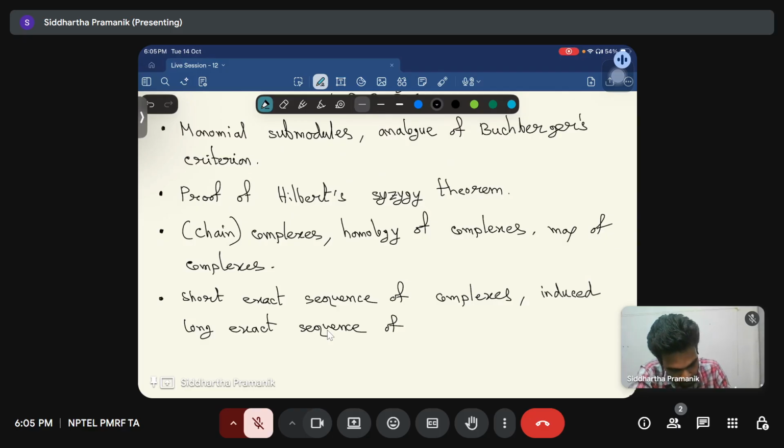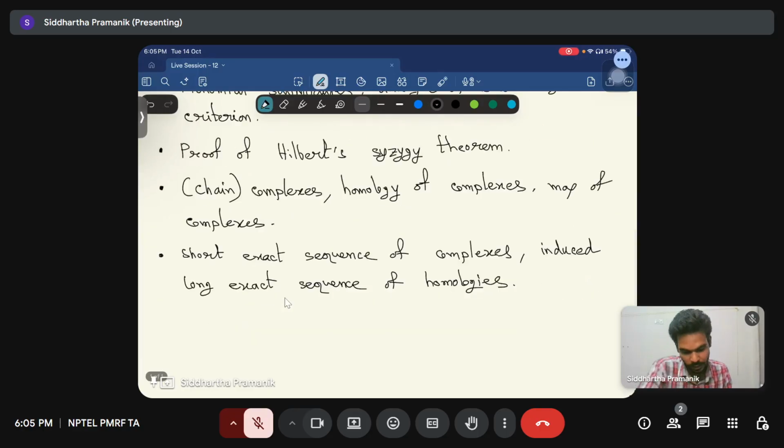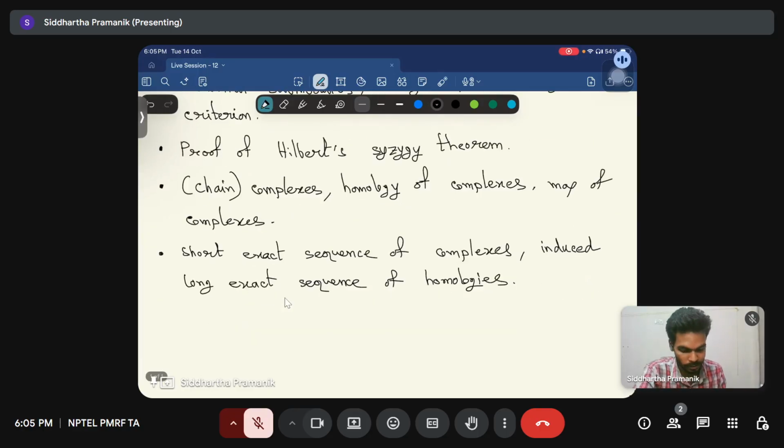In the lectures, we have seen this long exact sequence for our purpose only in the case of Koszul homologies, but it is true in general. That can be proved using the Snake lemma, but that's okay. So it's the induced long exact sequence of homologies.